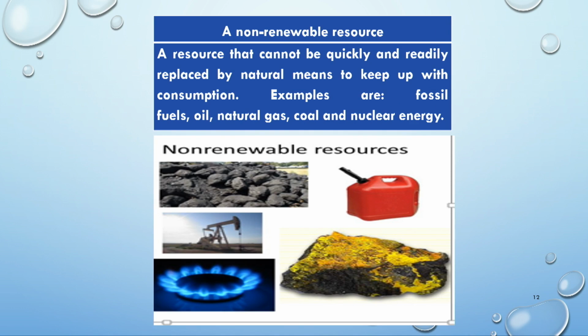Definition of a non-renewable resource. It is a resource that cannot be quickly and readily replaced by natural means to keep up with consumption. Examples are fossil fuels, oil, natural gas, coal, and nuclear energy.